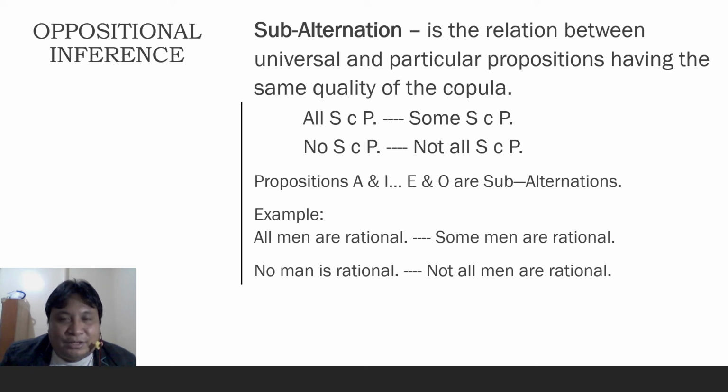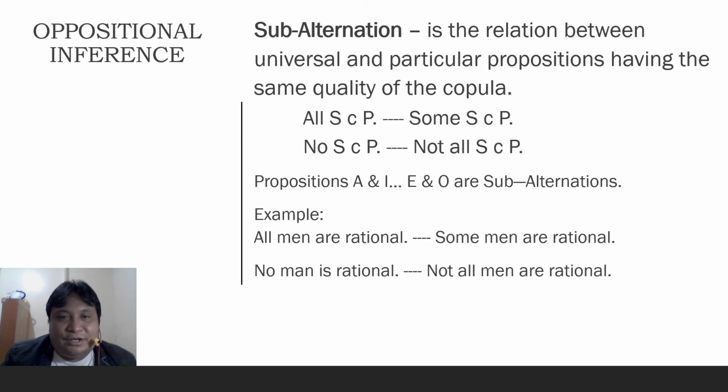On the negative quality, E and O: no S copula P to not all S copula P, or O and E propositions. So propositions A and I, I and A, E and O, or O and E are subalternations or subalterns. For example, all men are rational. By subalternation, some men are rational. Or on the other hand, no man is rational to not all men are rational.